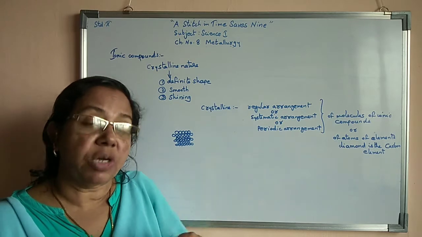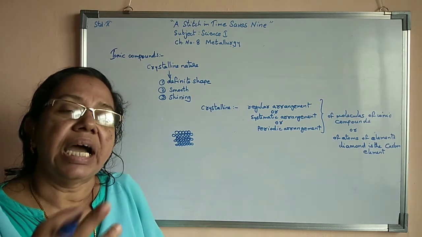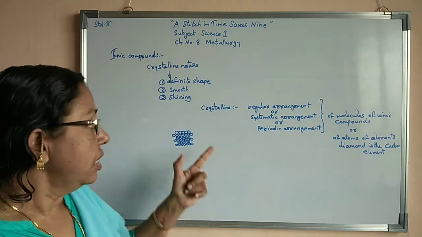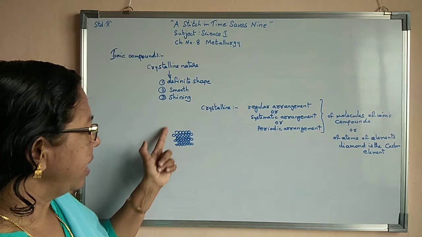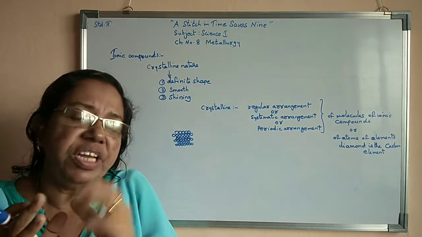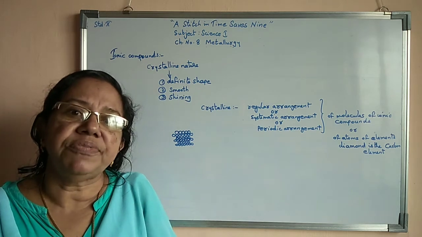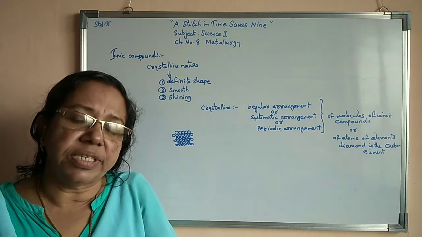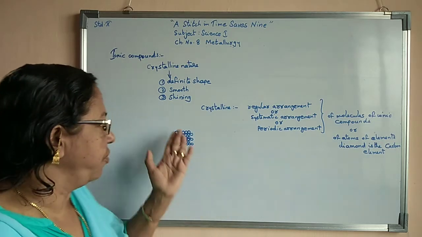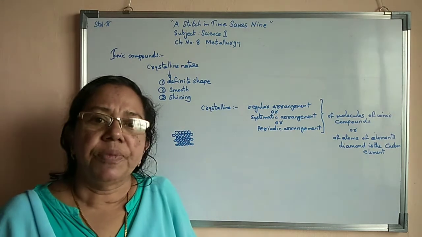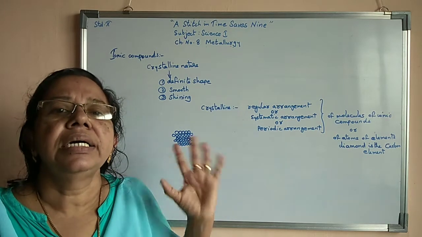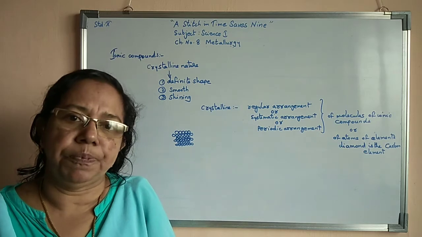Because of that, we call ionic compounds as having a crystalline structure. The molecules with which it is formed are arranged in a very systematic, proper, regular way, so we say they have a crystalline structure.